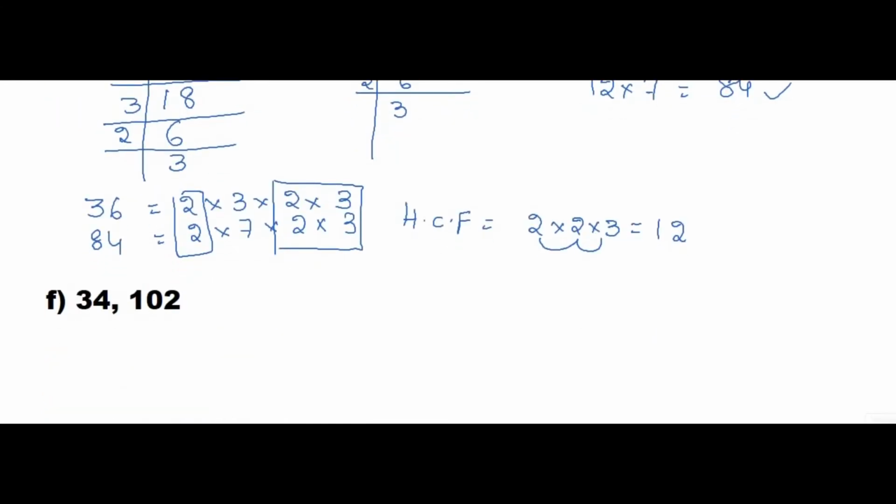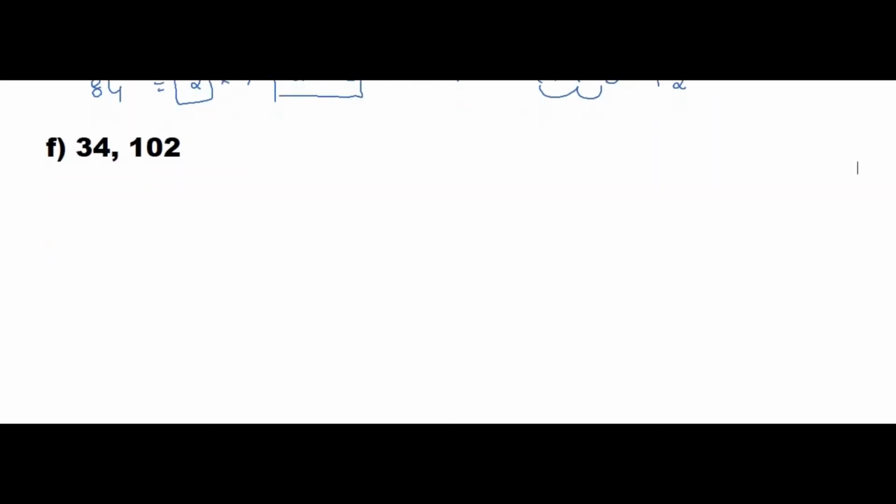So we completed up to E, and now we are moving on to the F bit, that is 34 and 102. Two 17s are 34, and 17 is a prime number, so we can stop.